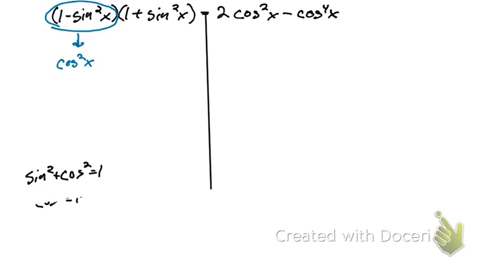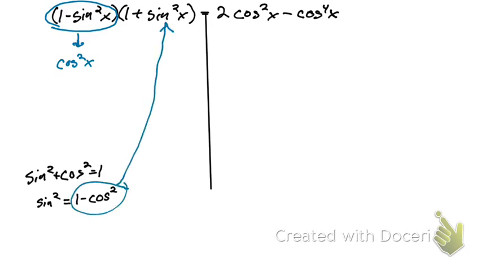So what I'm going to do here is rewrite that sine squared plus cosine squared as 1 as just sine squared equals 1 minus cosine squared. Why that's important is because anytime you have just sine squared, you can then replace it with 1 minus cosine squared. So I'm going to take that 1 minus cosine squared and throw it in place of just that sine squared.